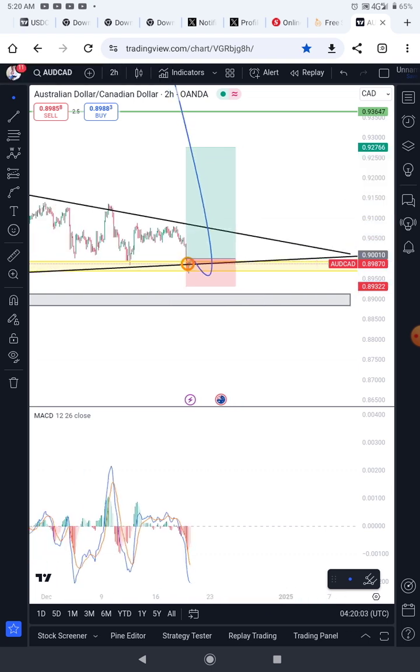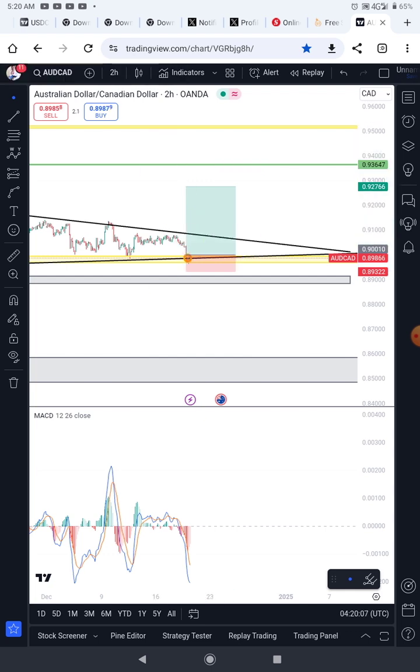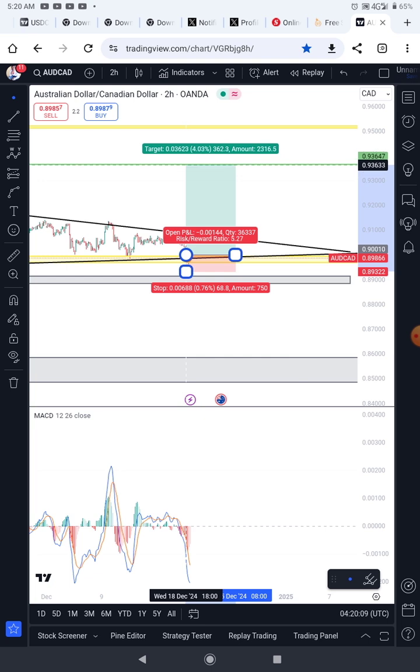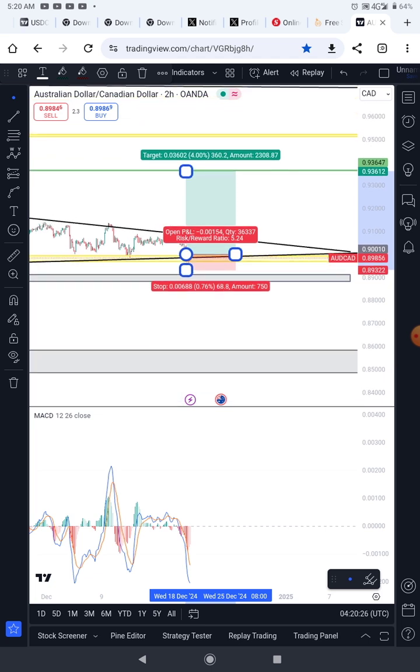I don't think it has any power to come down more. Let me delete this. So first level target should be at 100% retracement, and that should be around 0.89 to 0.93. That should be around 360 pips to take profit one.